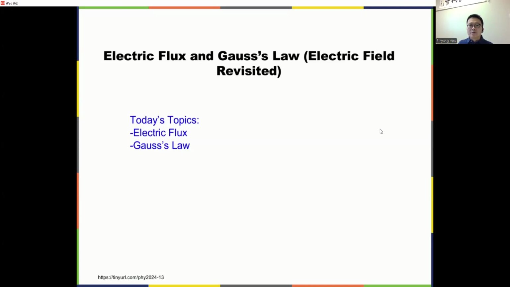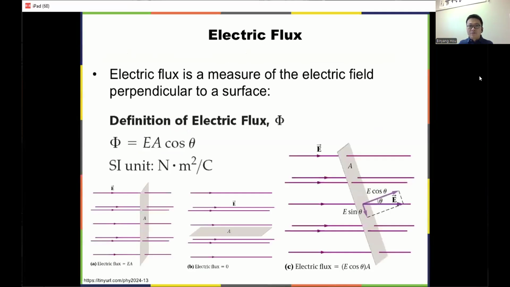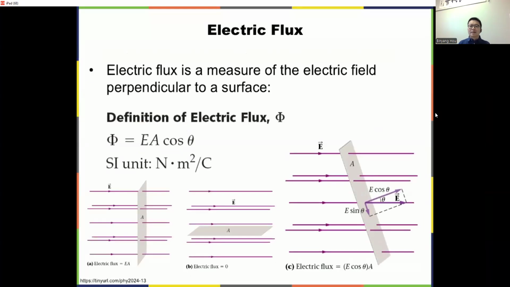First, let's take a look at the definition of electric flux. Electric flux, according to its name, is how much electric field goes through a certain area.